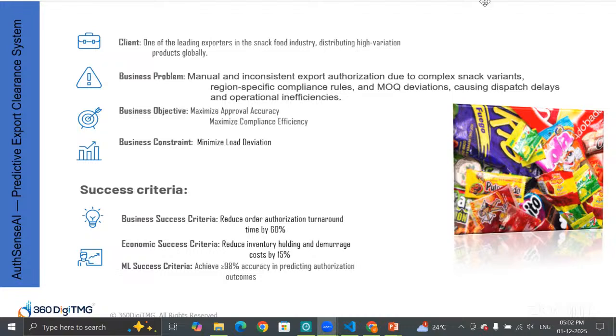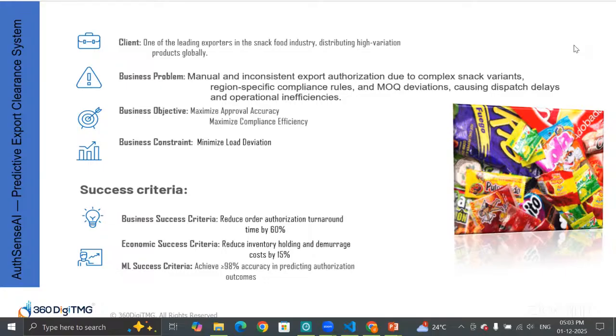Manual and inconsistent export authorization due to complex snack variants, region specific compliance rules, and MOQ deviations, causing dispatch delays and operational inefficiencies. The problem was that export authorization was done manually.